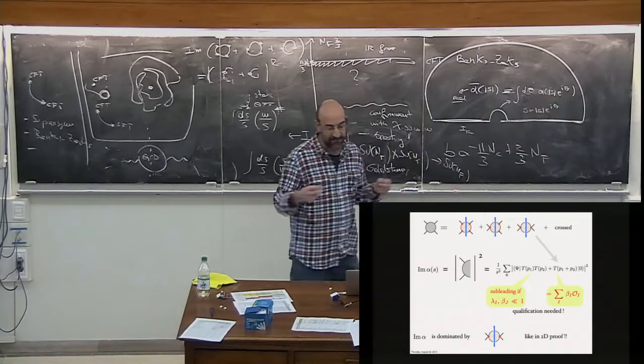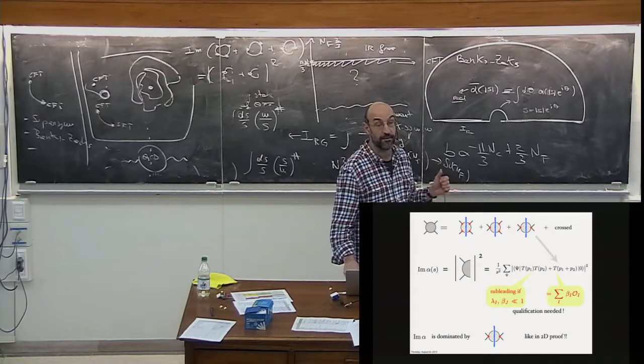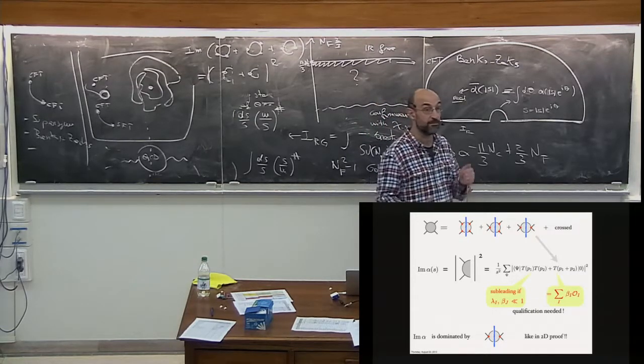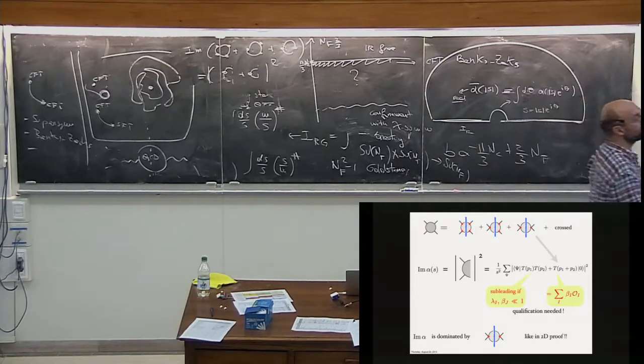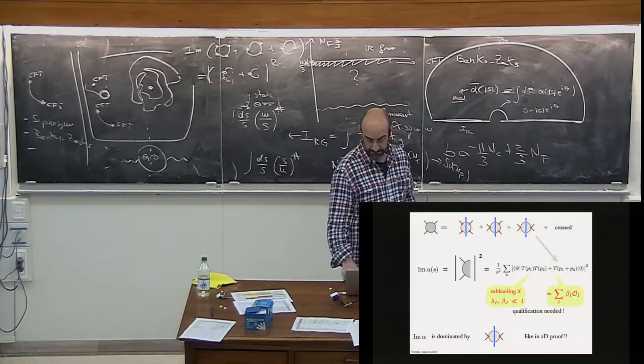And at the end, the fact that you are using only the two-point function of T is what makes a connection with the two-dimensional proof that the only flows have CFT endpoints. Basically, with the assumption of perturbativity, I've thrown away all the peculiarity of four dimensions. And the proof becomes very much the same as in two dimensions.